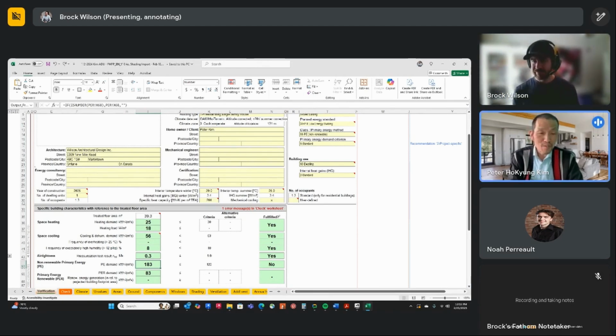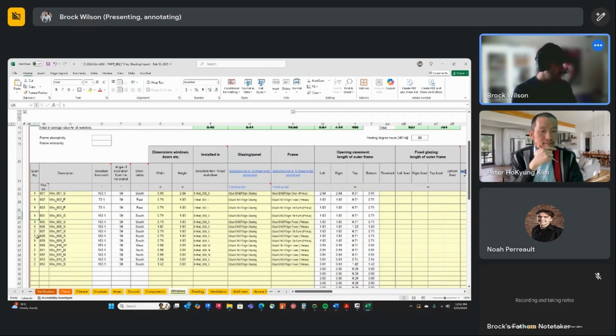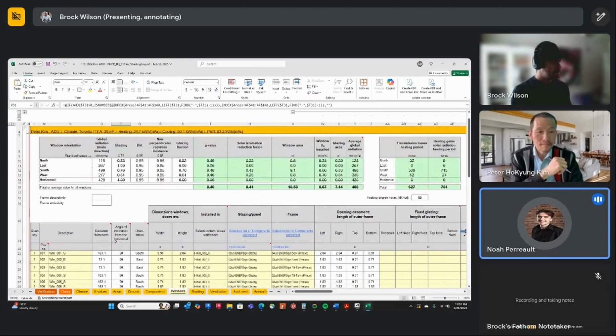Yeah, and my second question is for the number of windows. Is it the same as the number of windows I mentioned in my initial document? So the windows that we've inputted here, if I turn all these back on, the ones that we're removing from the model, this is all the openings that you've provided us in your document.